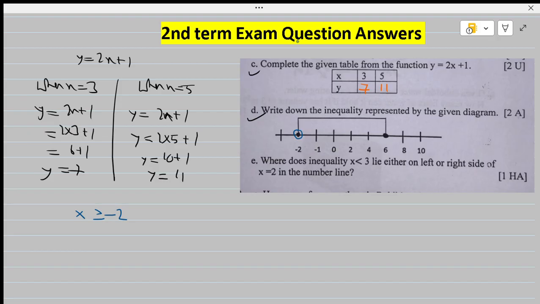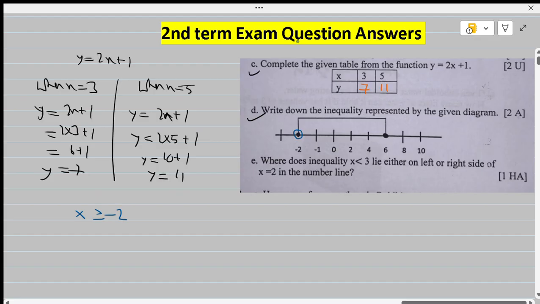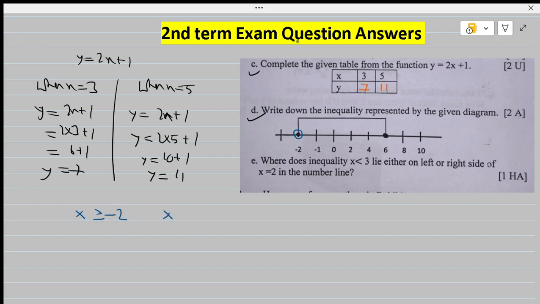And then next, x stops at the point 6 and is equal to 6 also. So here variable x is lesser than 6, and is equal to 6 also. So let's combine these two.